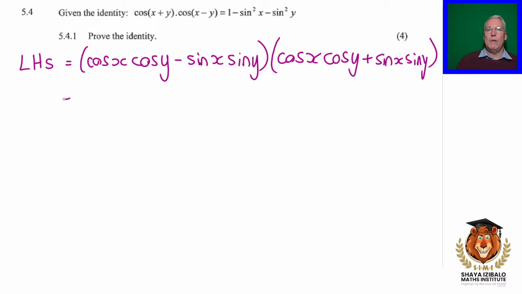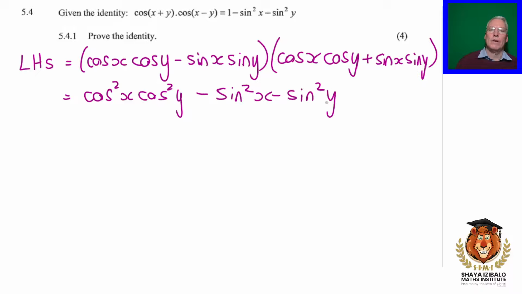Okay, right, when we multiply this out, we get a cos squared x cos squared y and we get a minus sine squared x sine squared y. We also get a minus sine x sine y cos x cos y and a plus cos x cos y sine x sine y. And those obviously cancel one another out.